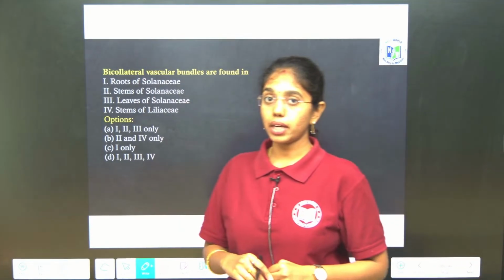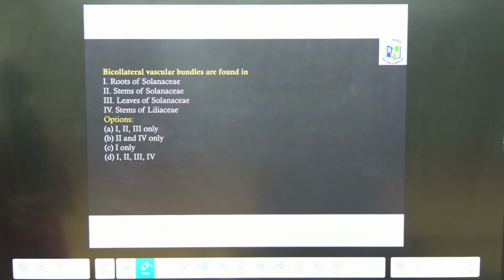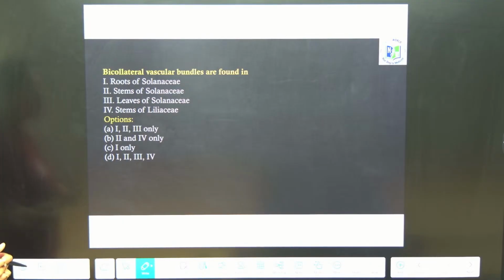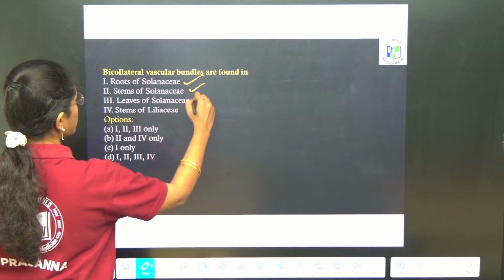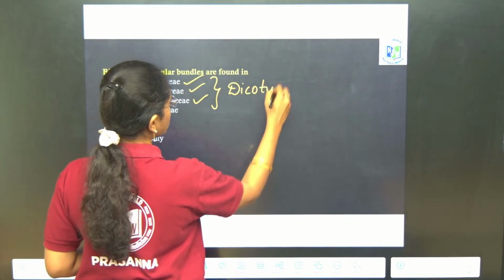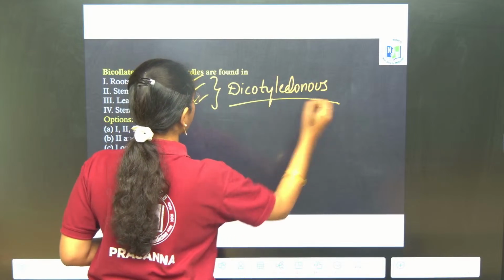Bicollateral vascular bundles are found in. This is a question which is in connection with anatomy as well. Look into that properly and answer. Bicollateral vascular bundles are observed in Solanaceae members because they are dicots. They belong to the class Dicotyledonae.